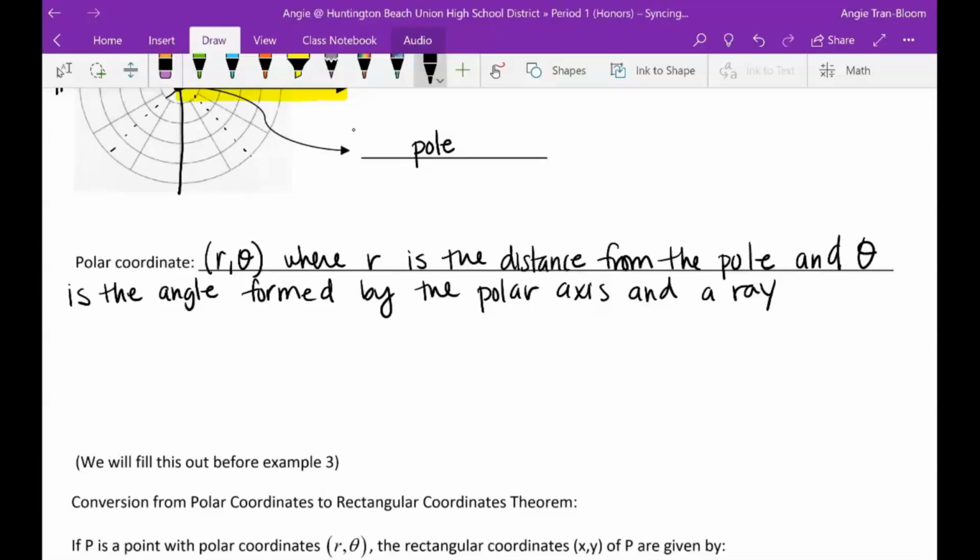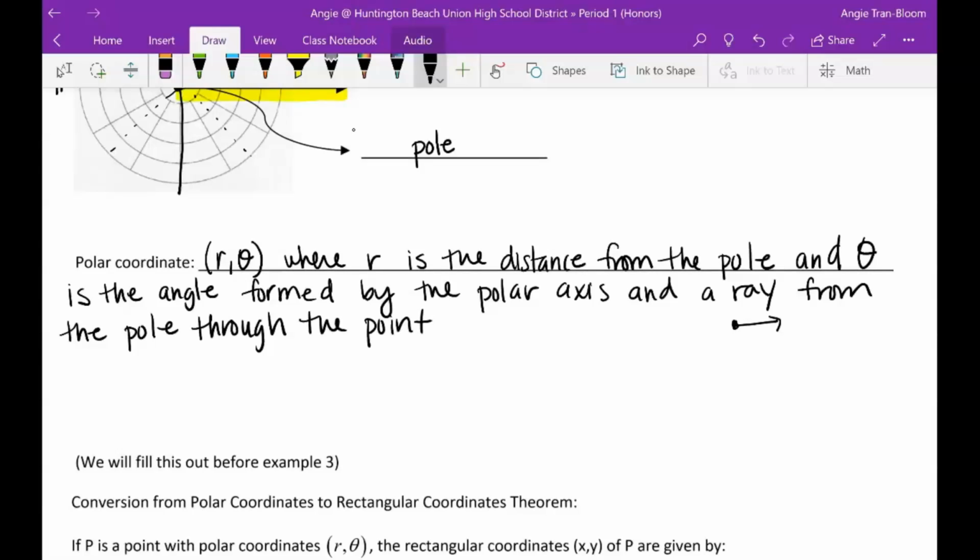A ray means that it starts on one side and it has an arrow on the other side. So a ray usually means only one of the sides is going on forever. A ray from the pole through the point.